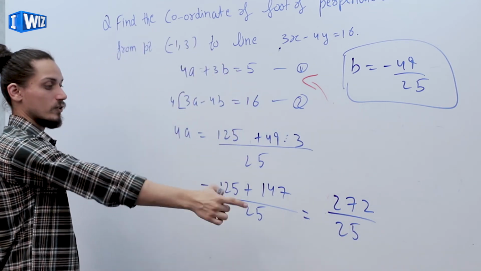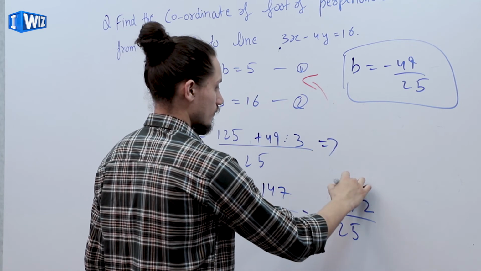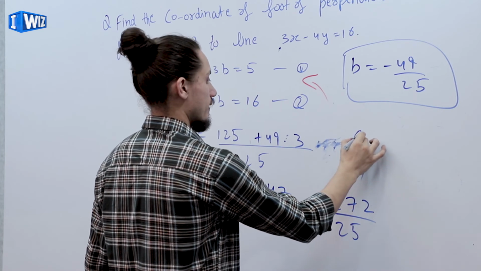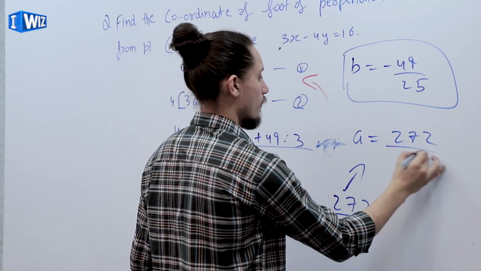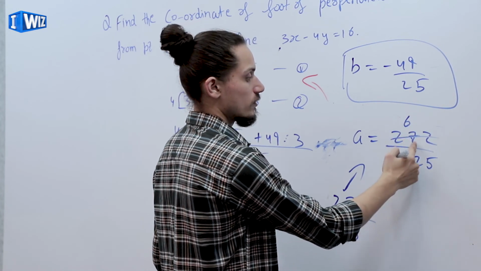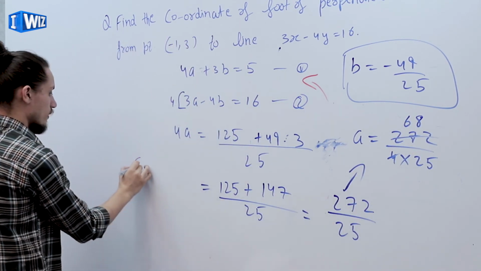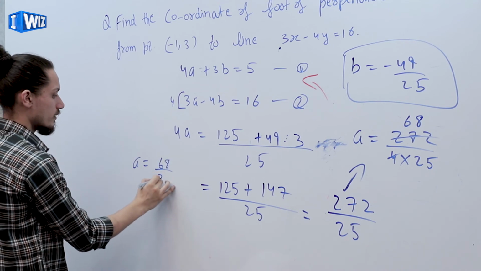So 4a is equal to 272 divided by 25, and a is equal to 272 upon 4 into 25. So a is equal to 68 upon 25.